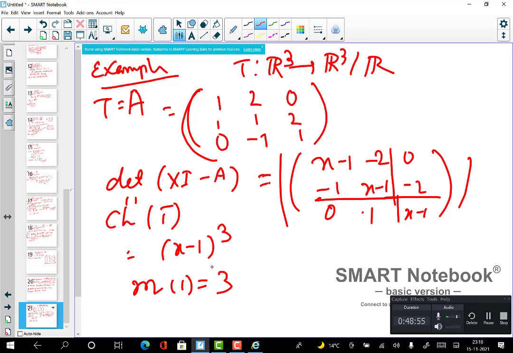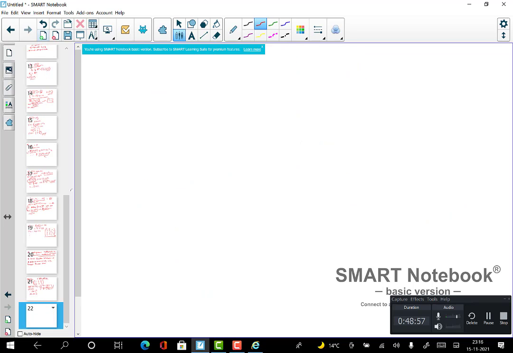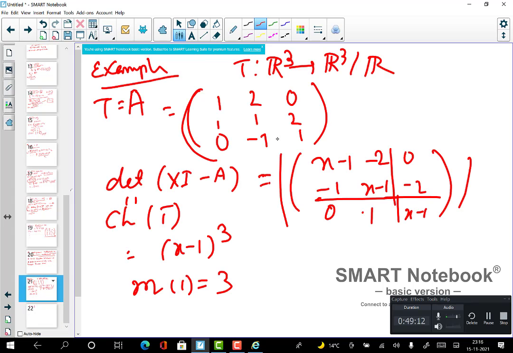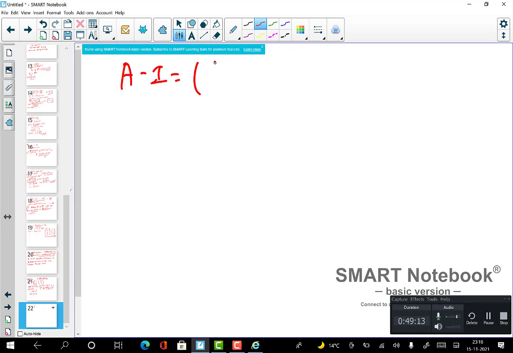Now what is the geometric multiplicity? That means we will find the eigenspace. So first let us find A minus I. What does it look like? The 1s on the diagonal will cancel, so A minus I will be 0 2 0, then 1 0 2, and then 0 minus 1 0.